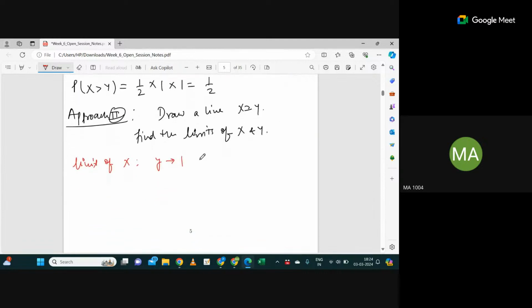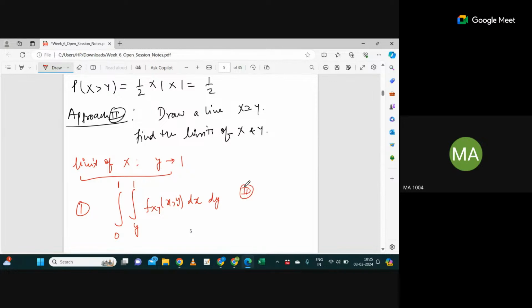So you can find it for anything. For the limit of x from y to 1, I will integrate f(x,y) dx from y to 1, and for dy I will take the total region.